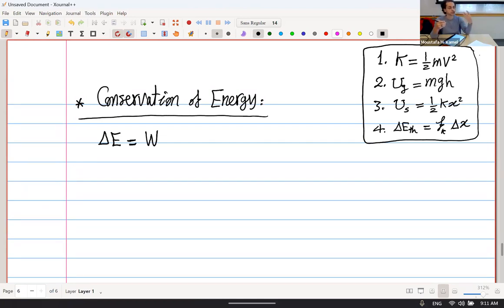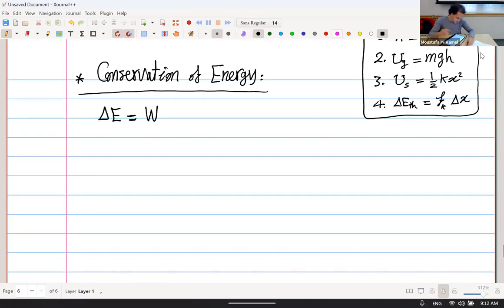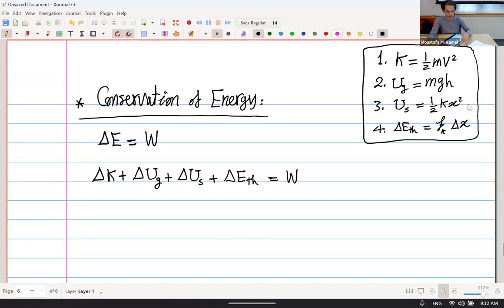So the change in energy is equal to the sum of the changes in every type of energy. So this can be written as delta K plus delta U sub G plus delta U sub S plus delta E thermal equal to the work done, for the four energies we have.